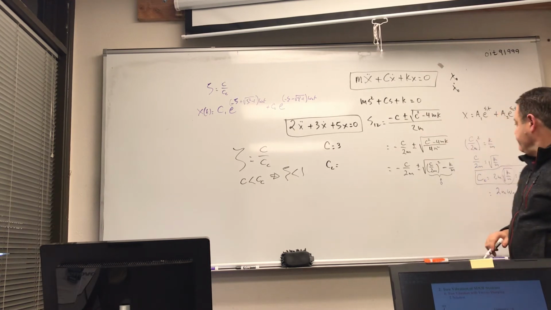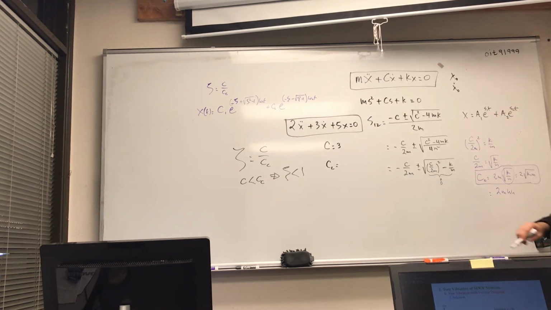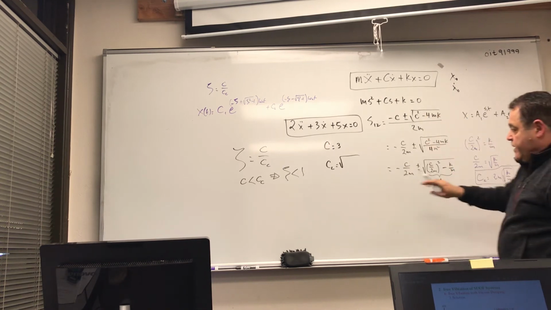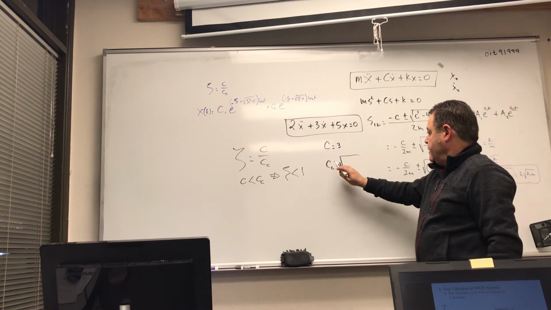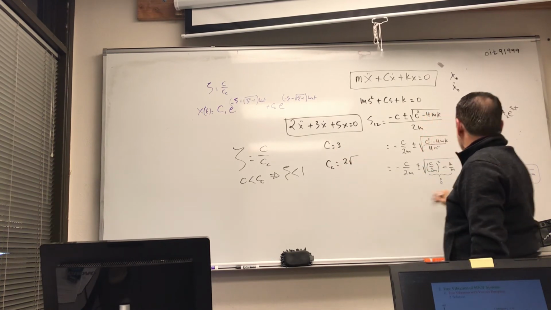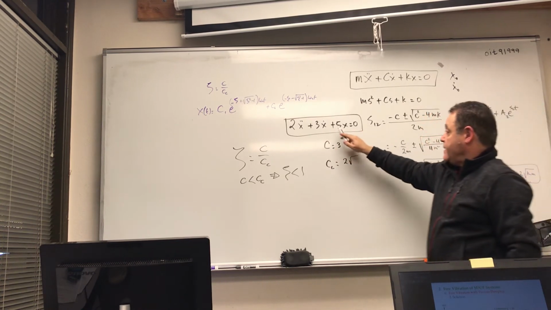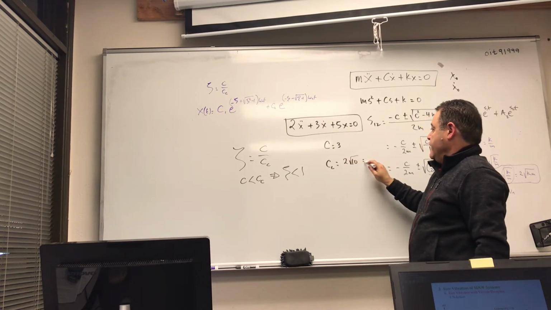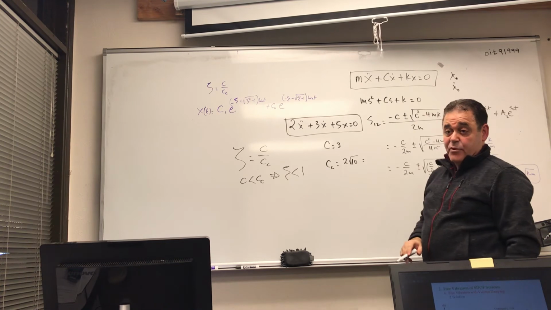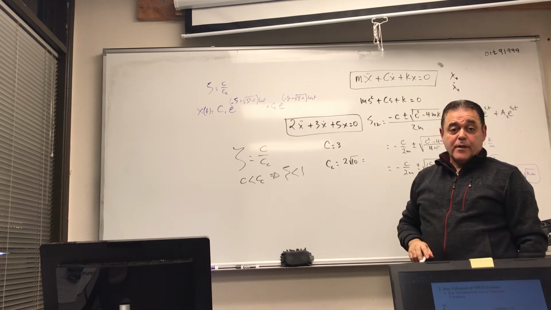What is the critical damping of this system? It's 2 root of k times m, which is 2 root of 10. So is this system under damped, over damped, or critically damped?